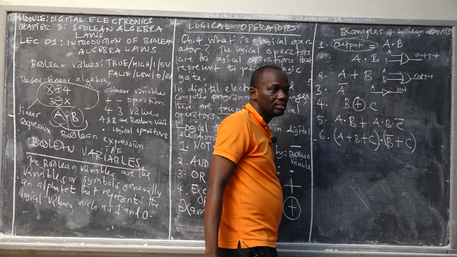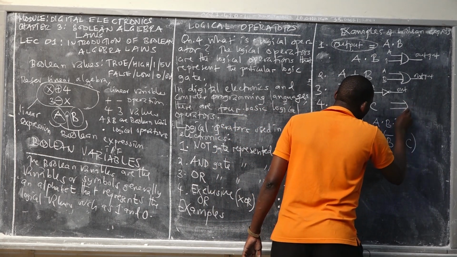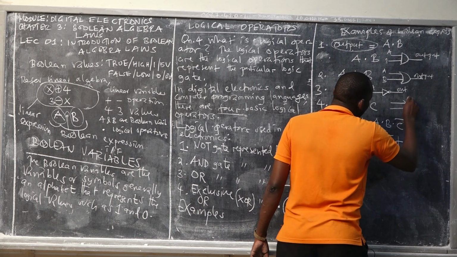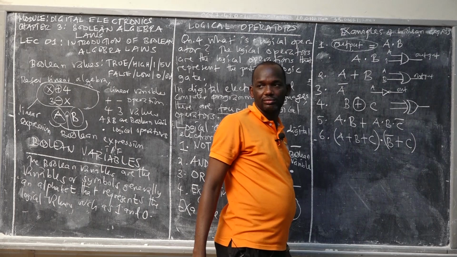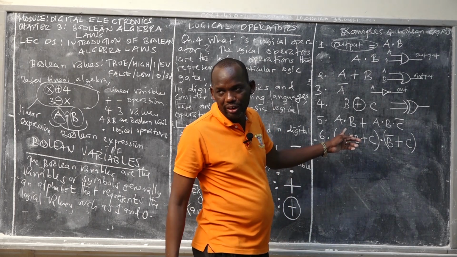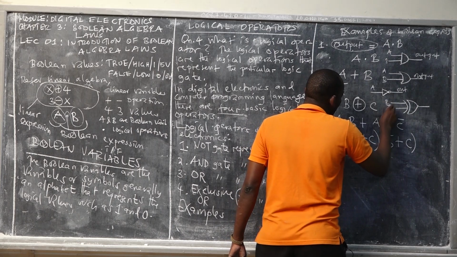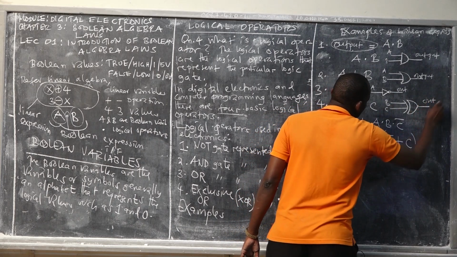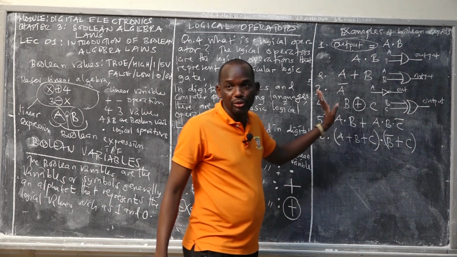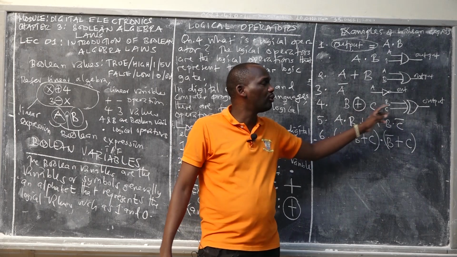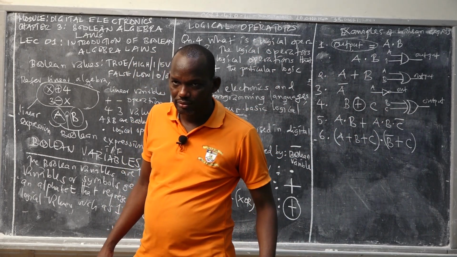The schematic symbol of exclusive OR gate is this one. It looks like the schematic symbol of OR gate, but it's different. So for this case, this is B, this is C, this is output. This is the schematic symbol of exclusive OR gate. Are we together?